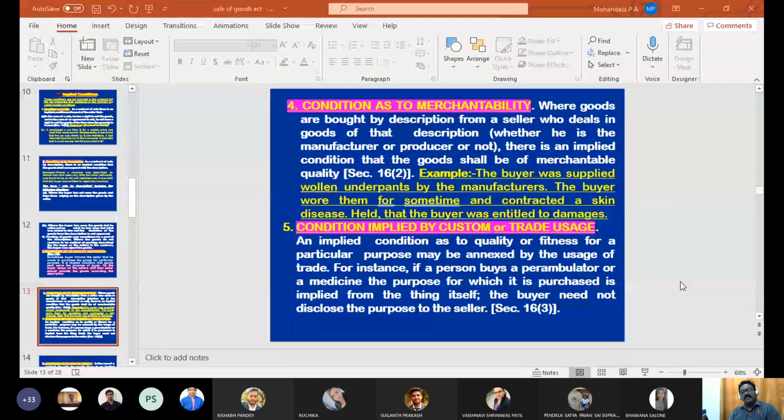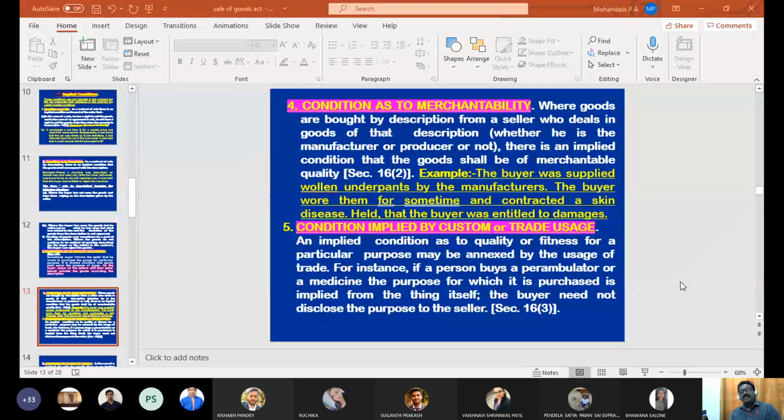Another example: I have a grandpa. He is an asthmatic patient. We normally buy the spray which is used for the asthma patient. So the spray is supposed to have a prescribed pressure in it. Is it not? There is a prescribed pressure by which the fumes come out. I bought it. When he used it, it blasted.